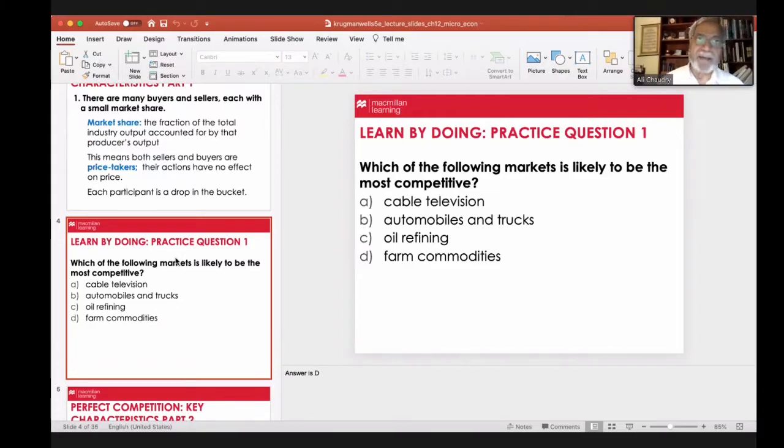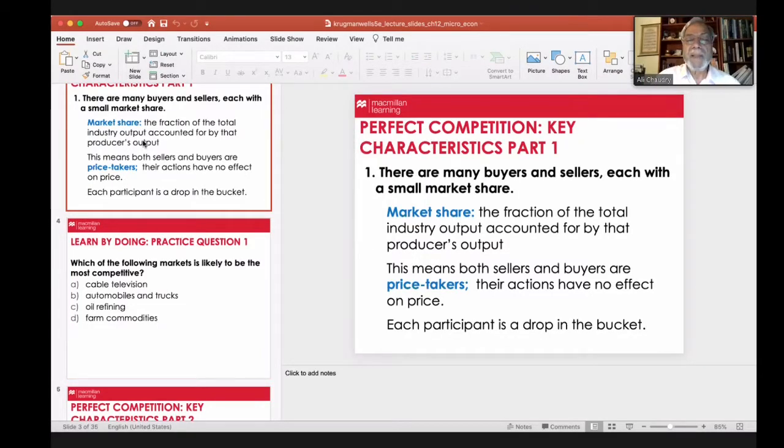definitions that we have, right? What is the definition of a competitive market? Let me go back. First characteristic, and you're right, there are a lot of farmers, although we do have some big agribusiness farmers also.